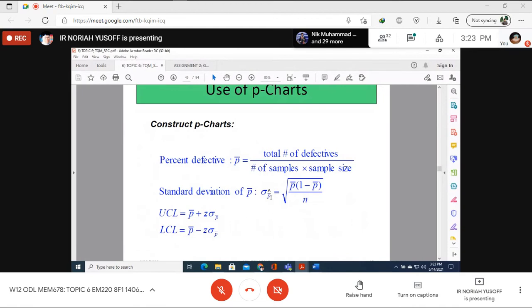So standard deviation is given by this formula, sigma P hat, which is given by square root of average percentage P bar multiply with 1 minus the average or mean value tadi, percent defective, divide by n, you square root kan dia. So upper control limit is P bar plus Z value, the control limit factor, multiply with the sigma, and the lower control limit is P bar minus the Z multiply with the sigma of the percent defectives.